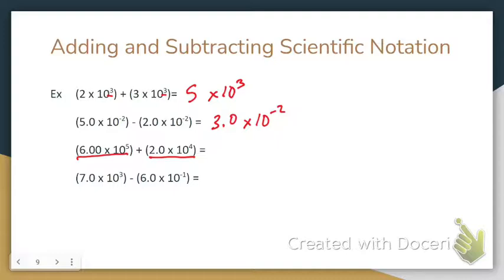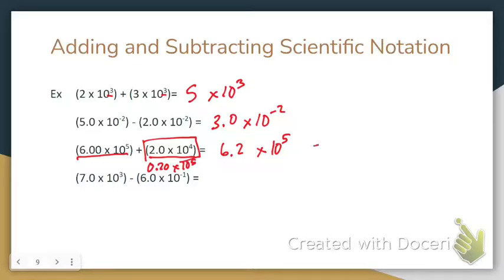What you'll notice is the exponents don't match. So I'm going to take this and convert it, and this will become 0.20 times 10 to the fifth. If I add the two together, 6.00 plus 0.20 is 6.2 times 10 to the fifth power.